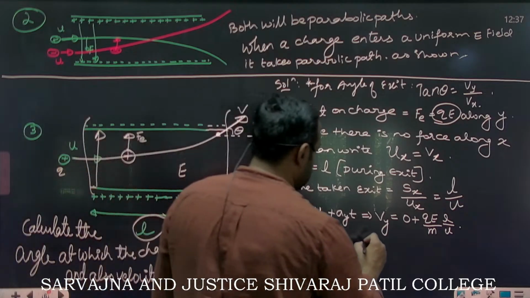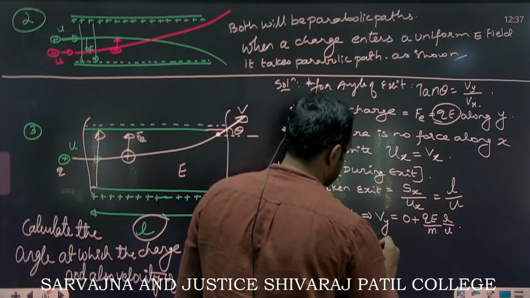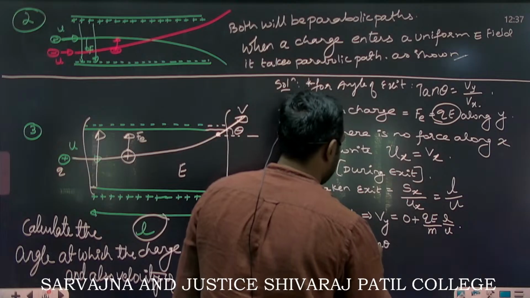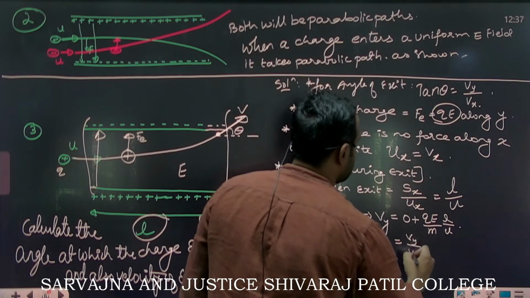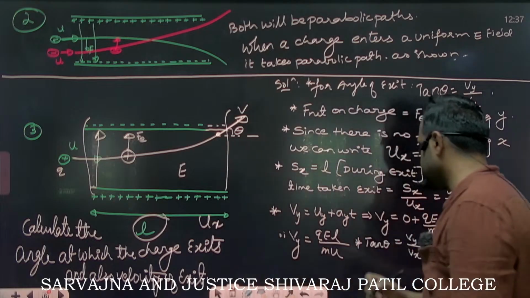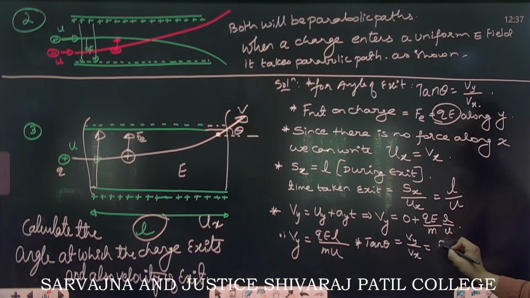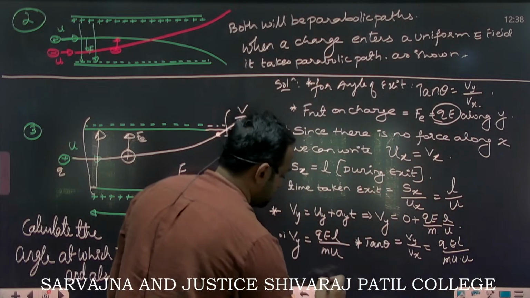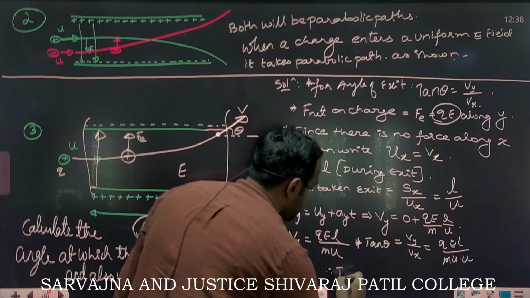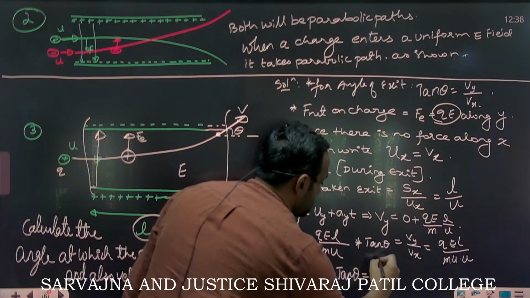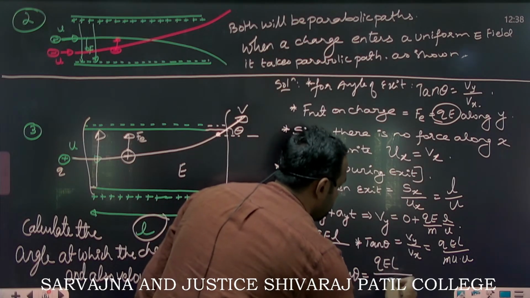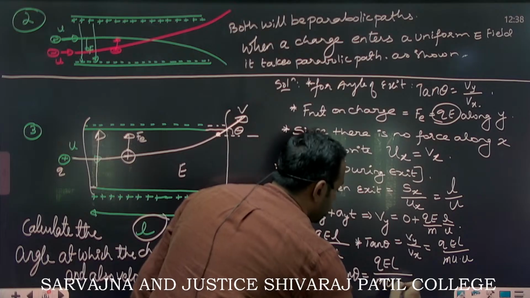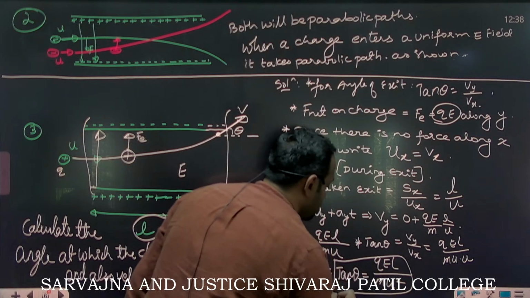So now you find tan theta is equal to Vy divided by Vx, which will be equal to QEL divided by m into U square.